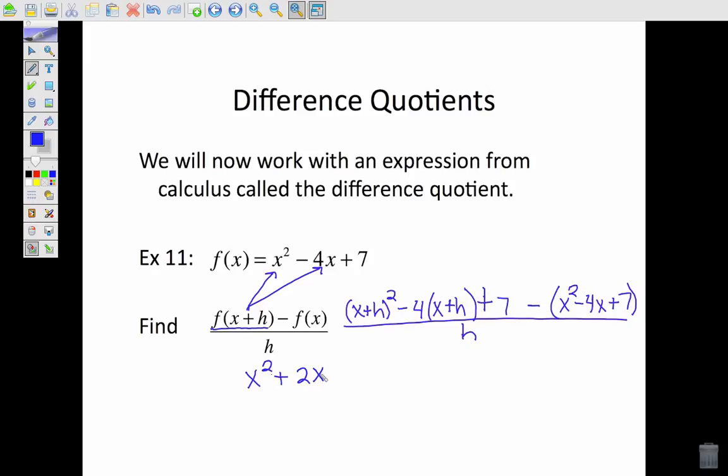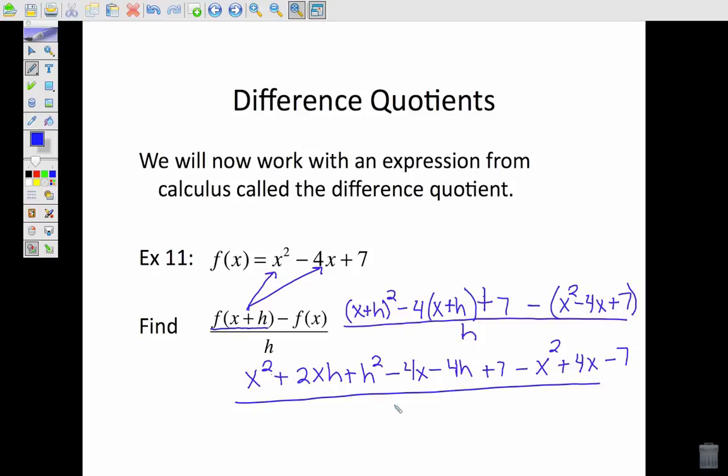We're going to FOIL the first, so when I FOIL that, you get x squared plus xh twice would be 2xh plus h squared. Distribute the 4, minus 4x minus 4h. We've got the plus 7. Distribute the negative, so negative x squared plus 4x and minus 7. This is all over h.